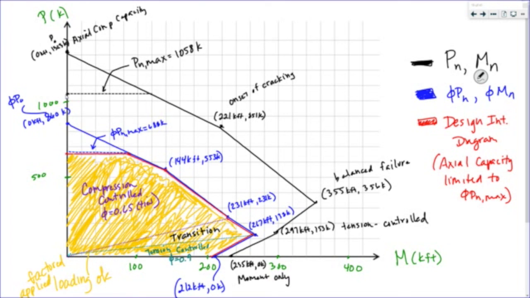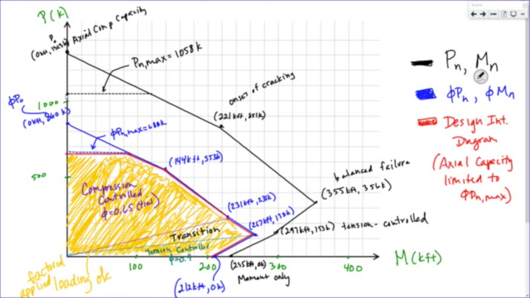So you'll notice the biggest chunk is compression controlled, which makes sense because we're talking about an interaction diagram for a column. Very unlikely you will have a tension controlled column, but you could. It's not impossible, but that means you have a lot of moment and not a lot of axial load on your column.